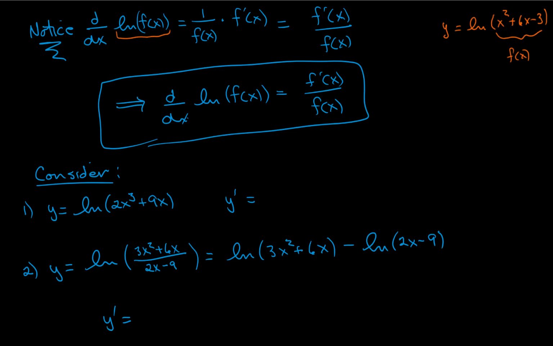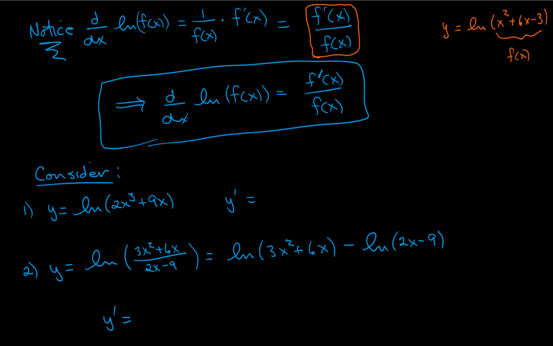Anytime you take the derivative of the natural log that has a function inside, in the argument, it works out using the chain rule that you first do the derivative of natural log, which gives us 1 over whatever the function is inside, times, now using the chain rule, the derivative of the inside, which is f prime of x. It will always, always, always work out to be f prime over f. This is really useful to keep in mind.